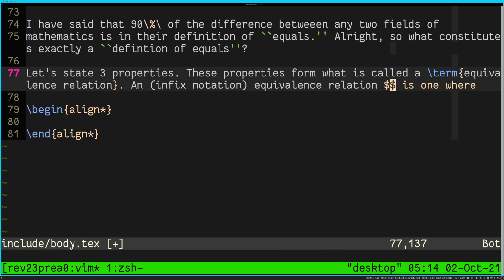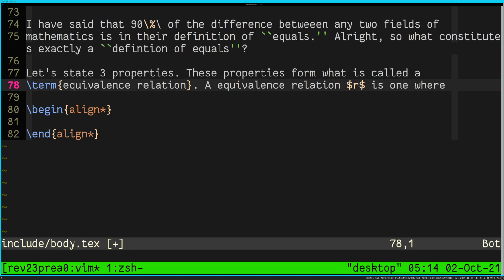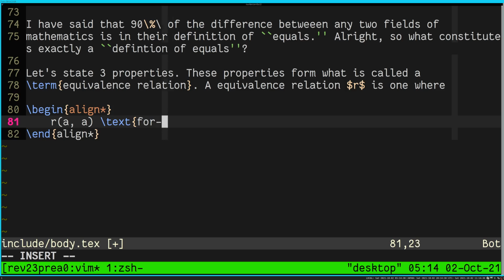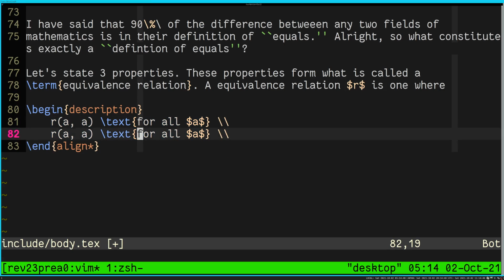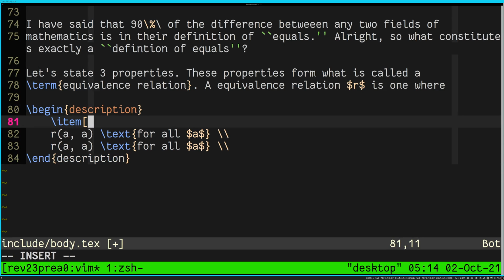Actually, let's just call it R, prefix notation. For all A, begin description. Item: the reflexive property.